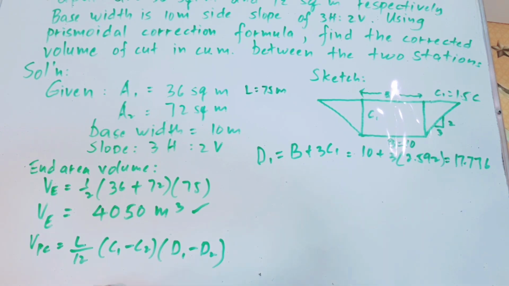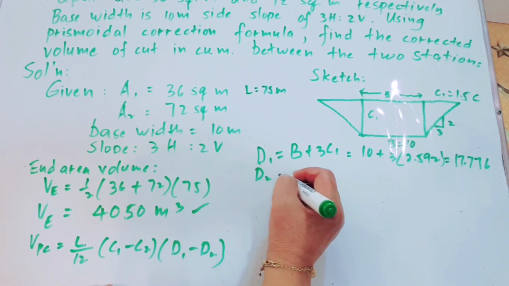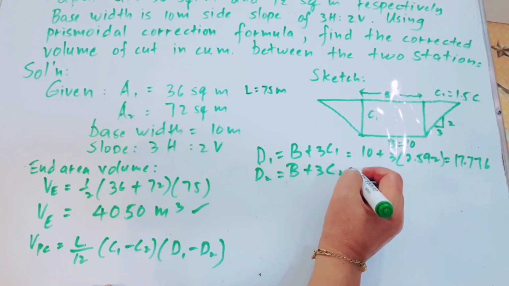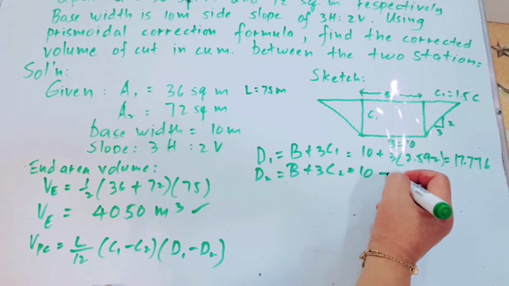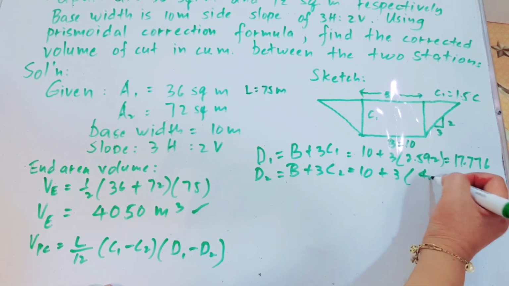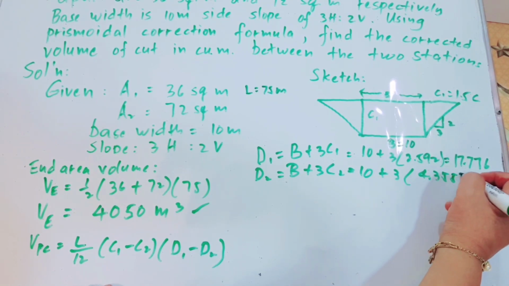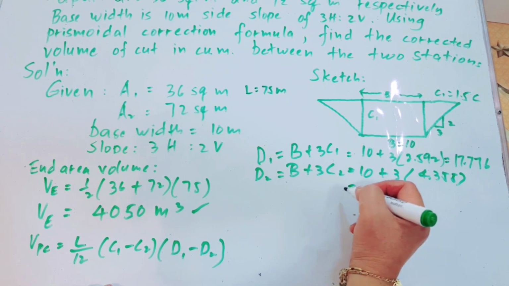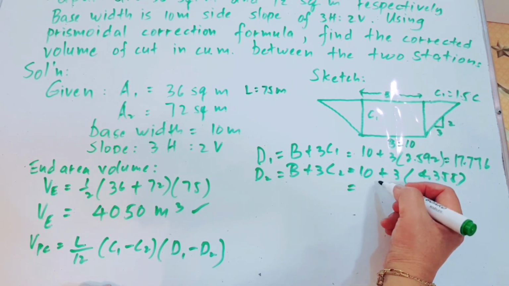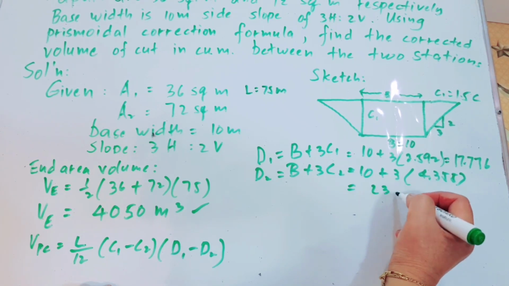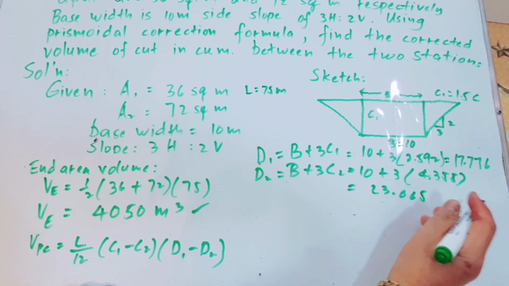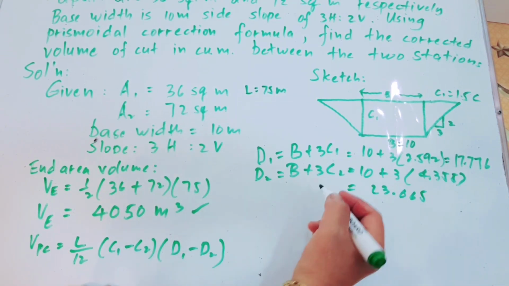D2 is equal to the base plus 3C2, which is 10 plus 3 times 4.355, so D2 is equal to 23.065.